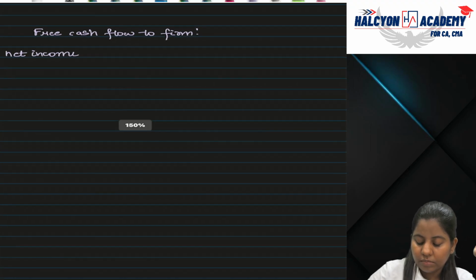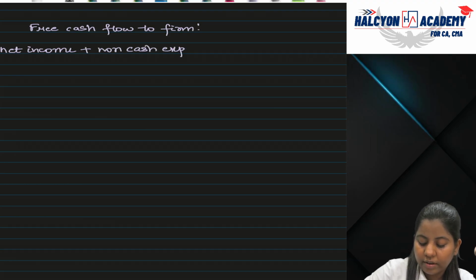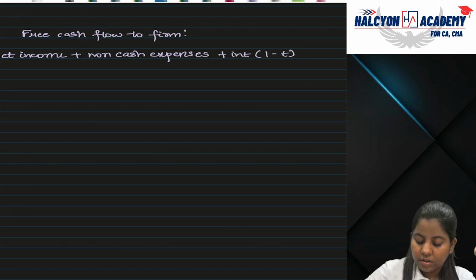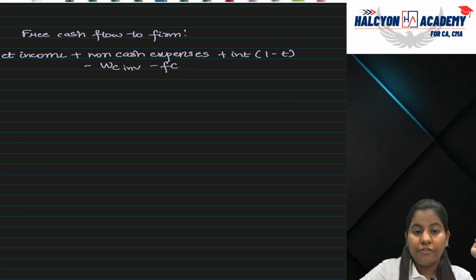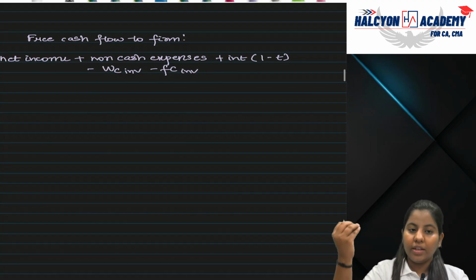Net income plus non-cash expenses plus interest net of tax, minus working capital investment, minus fixed capital investment. Okay, this is our formula. So how did this formula come?